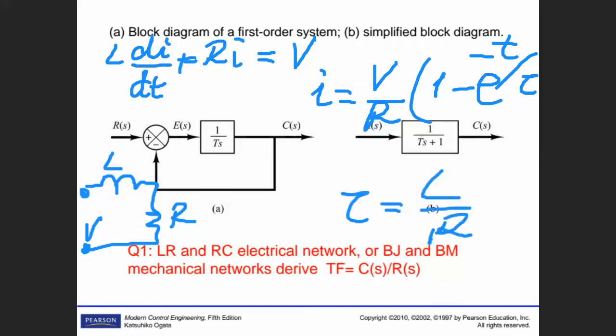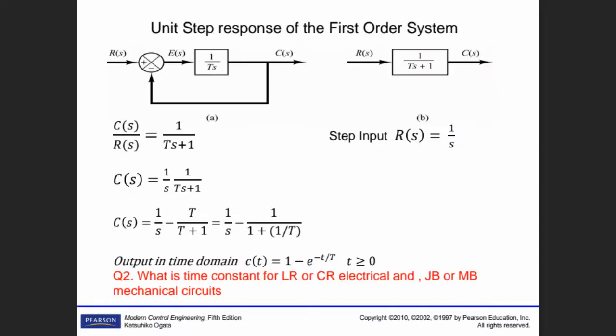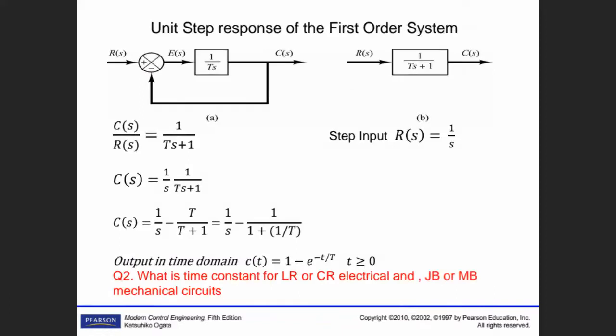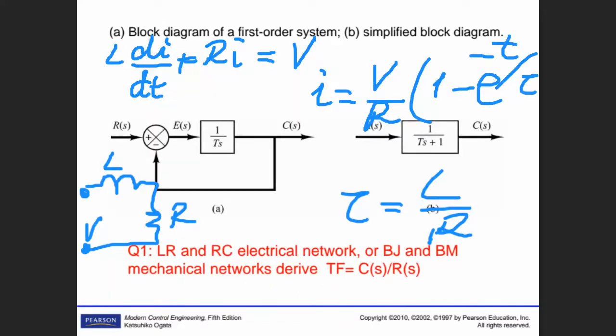So the response of this one is going to be something like this. The current equation is this. That one is current, I, and that one is time. So if you come back, this is the equation: V over R, 1 minus e to the power minus t over tau.